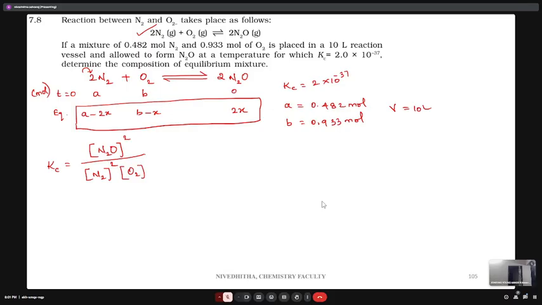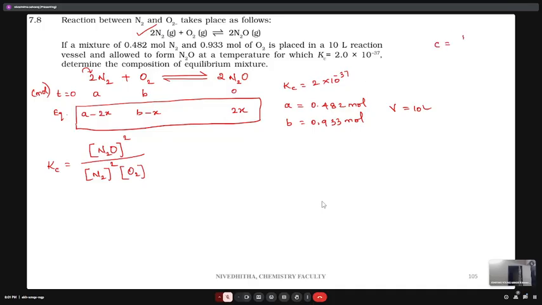In this expression we have to substitute the concentrations of all these species at equilibrium, right? But the data given is just the number of moles and not the concentration, so we have to convert number of moles to concentration.